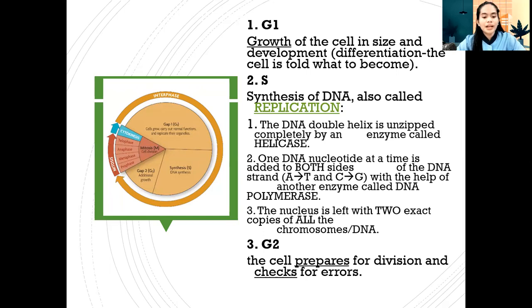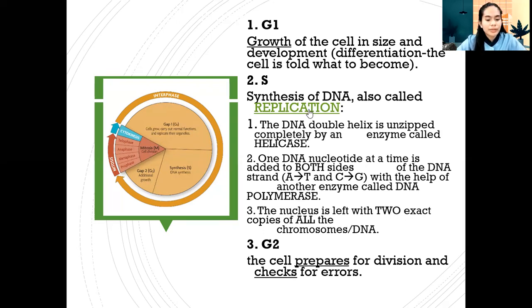With the help of another enzyme called DNA polymerase, which is responsible for the bonding of these nucleotide base pairs, the nucleus is left with two exact copies of all the chromosomes of DNA.